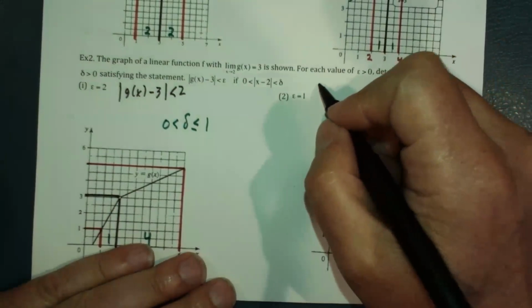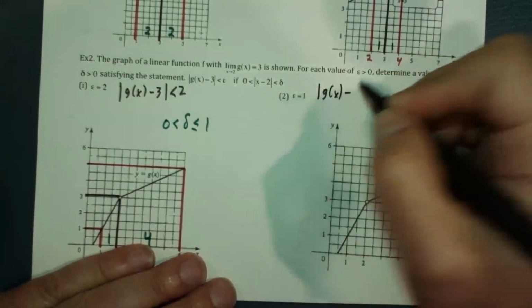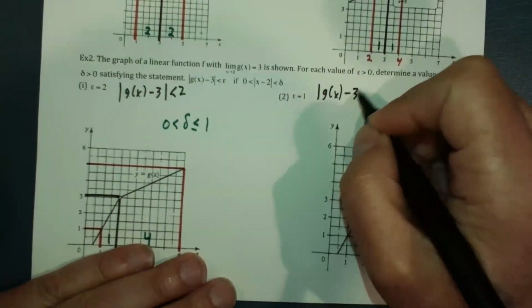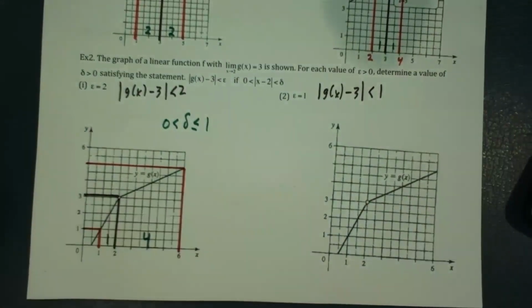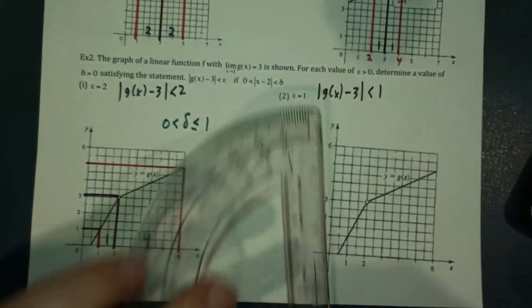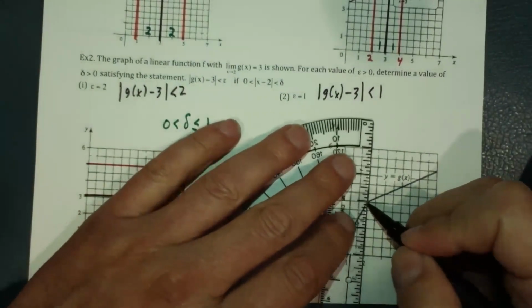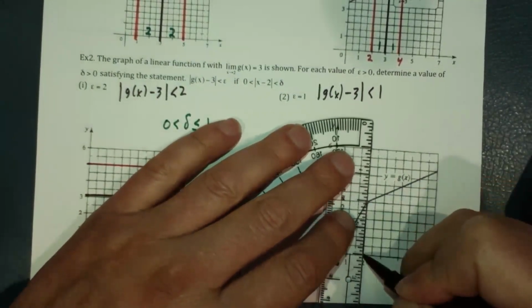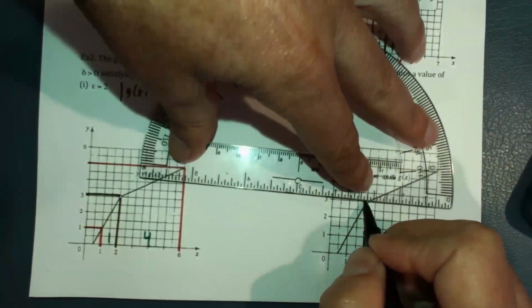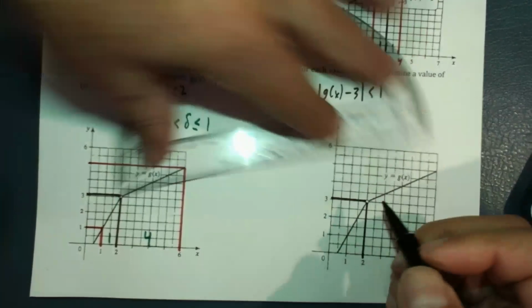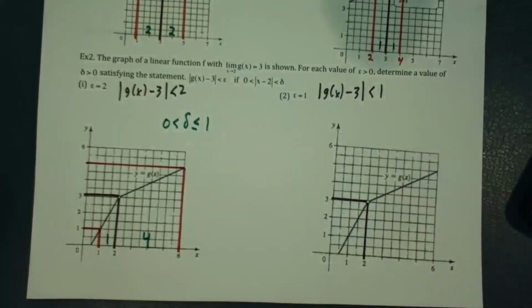Part 2, we want to find g of x minus 3 is less than 1 in this case. So a little less wiggle room. Let's map out once again what limit we're even trying to find. And now we're only going a distance of 1 away. So hopefully it's not going to be as exaggerated as it is here. But it will be a little.